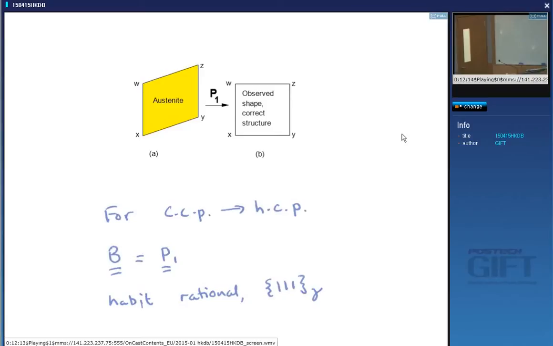So there's nothing irrational about hexagonal close-packed martensite, yeah? Because it's a shear deformation which changes the austenite into martensite. And we satisfy the condition for martensitic transformation because there's an infinite number of invariant lines inside that plane.